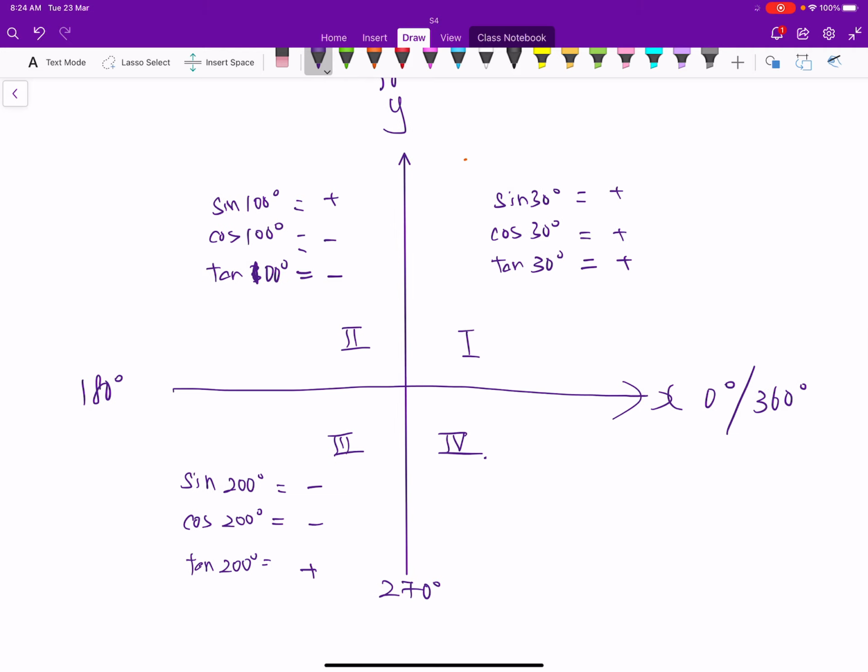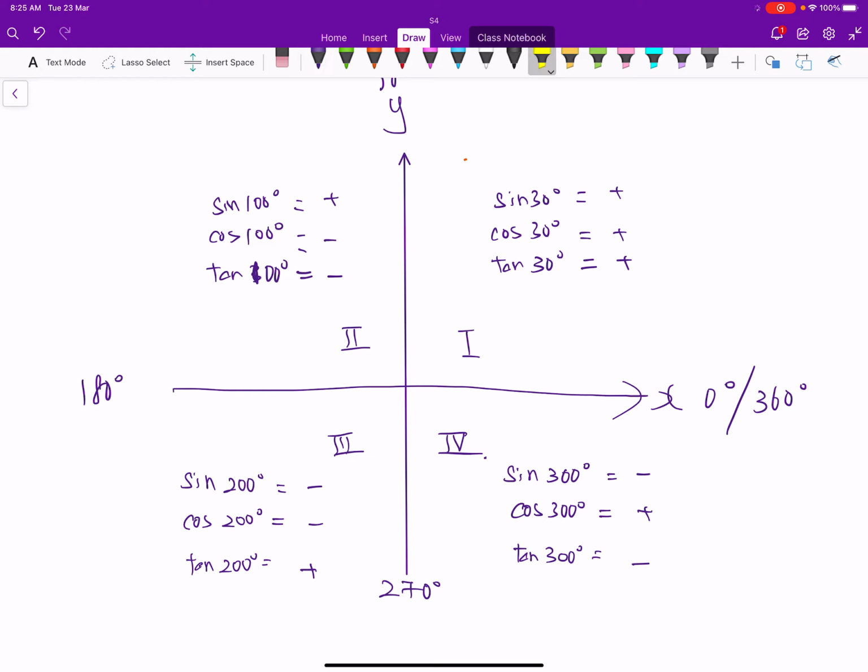And in quadrant 4, we can test with sine 300 degrees, and so on with a calculator. And you can find sine 300 is negative, cosine 300 is positive, tangent 300 is negative.